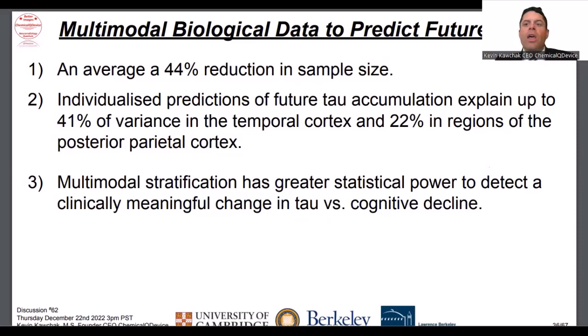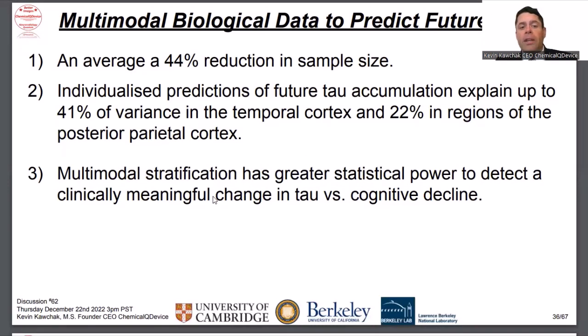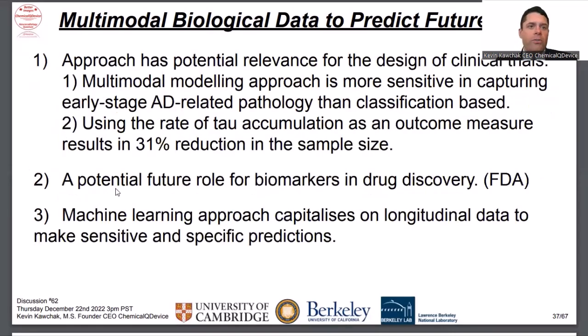It's favorable. And then you see, tau accumulation explains up to 41% of the variance. So this is the type of paper, it's very technical, and they seem to kind of back up what they had to say. So multimodal stratification has greater statistical power to detect a clinically meaningful change in tau versus cognitive.